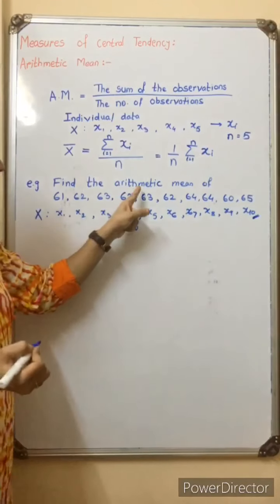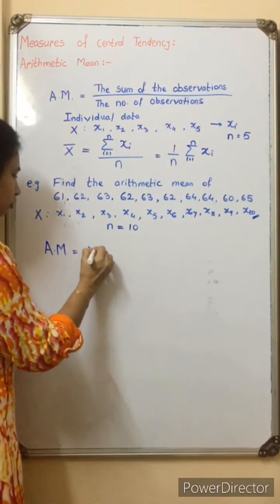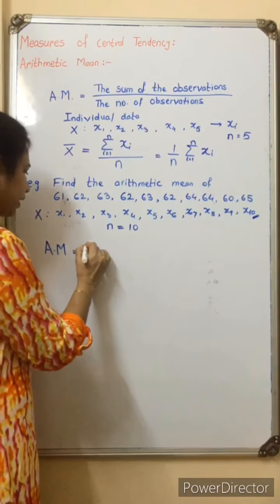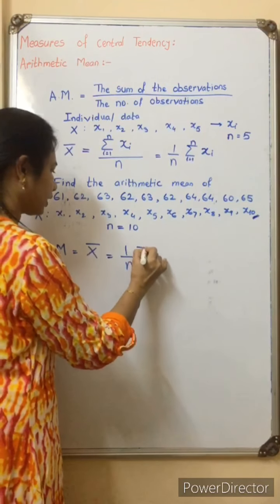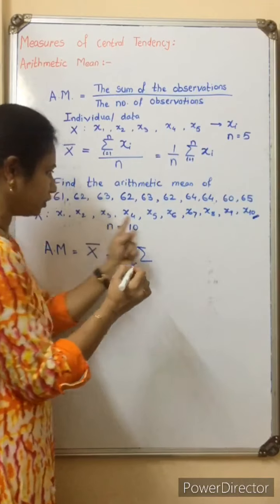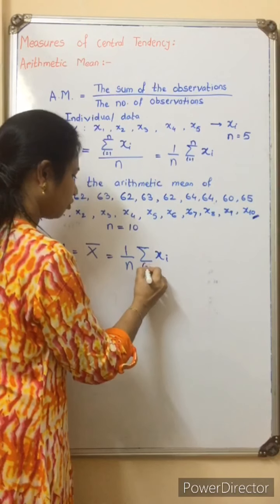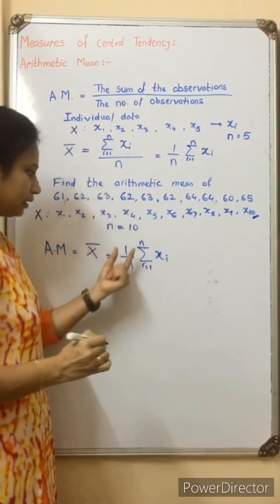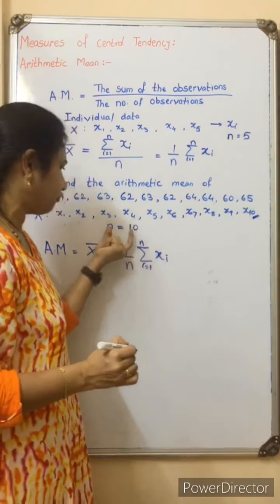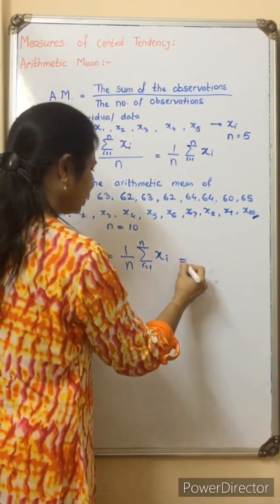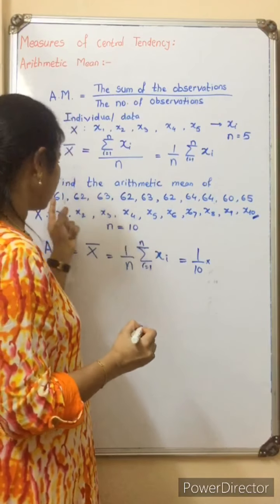To find the arithmetic mean, we denote the variable by x, and x bar is the notation. Our formula is 1 upon n summation xi, I from 1 to n. You can write I from 1 to 10 also, since we know the value of n. So 1 upon 10 multiplied by the sum of the values.